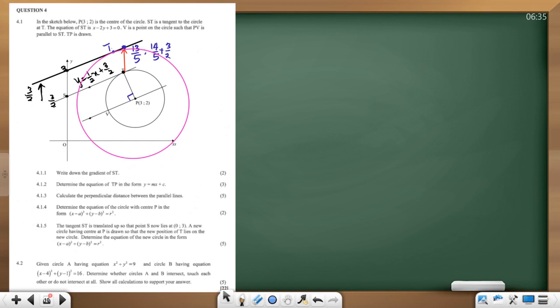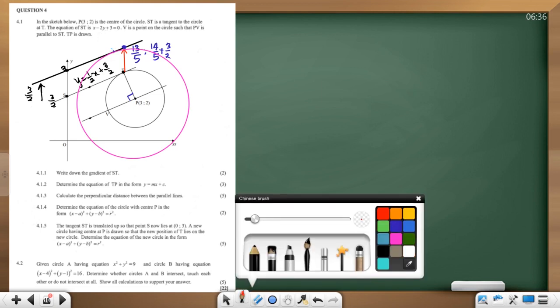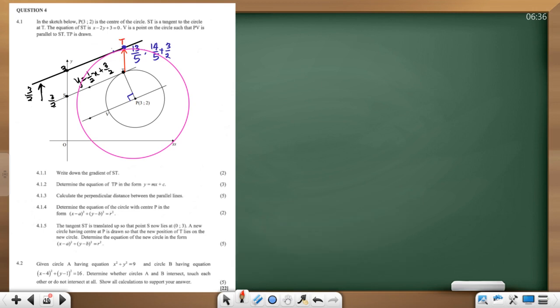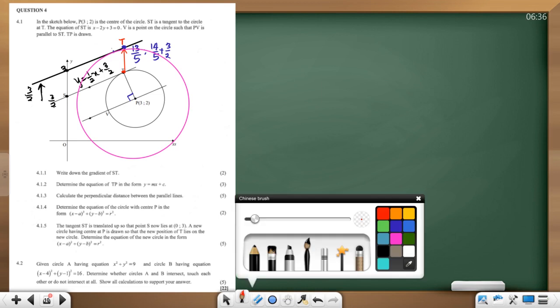But we'll work with the fact that T just shifts upwards. All right. T shifts upwards. So that line is not a tangent. So our new position of T is right here, because that whole thing shifts upwards. Make sense? That whole coordinate. So T moves up. All right.